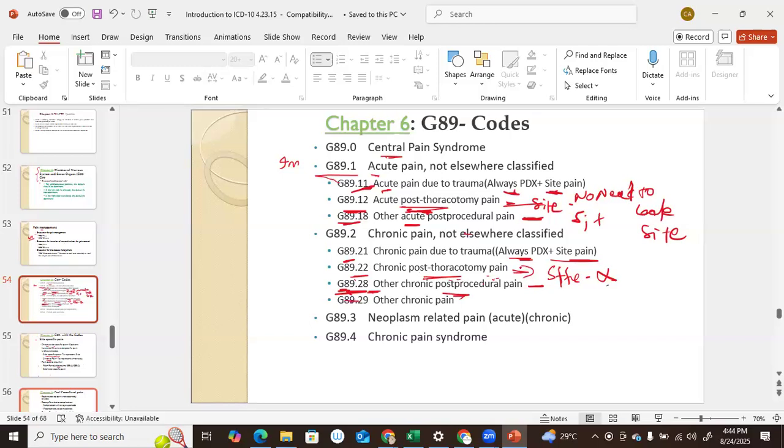Then G89.29, other chronic pain. We use this code whenever the patient has site-specific chronic pain. So if the patient has site-specific chronic pain, in that case, we use G89.29.